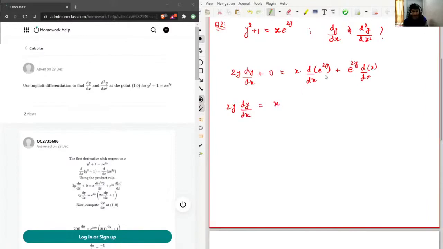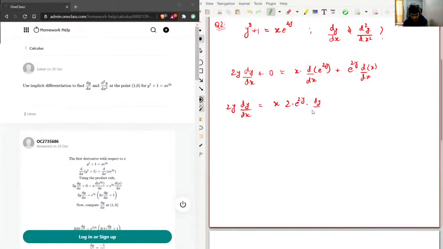Now differentiation of e power x is e power x only, but here we have a constant number multiplied with the variable, so it will just come down. So differentiation of e power 2y will be 2 times e power 2y, and then we'll again write dy by dx because this e power 2y was a function of y.